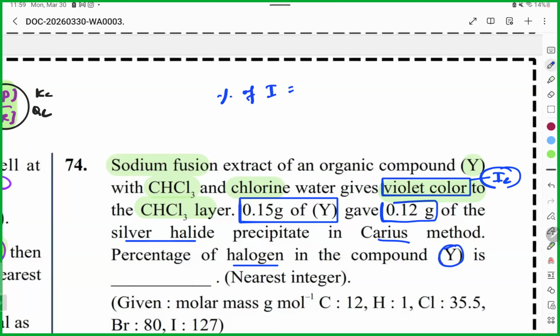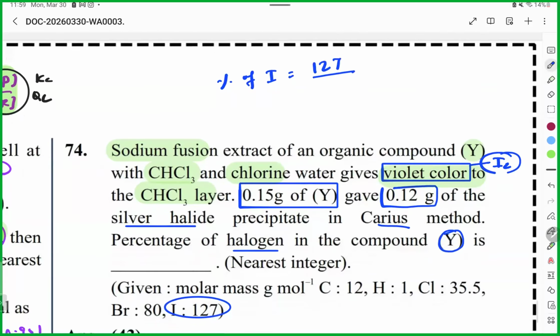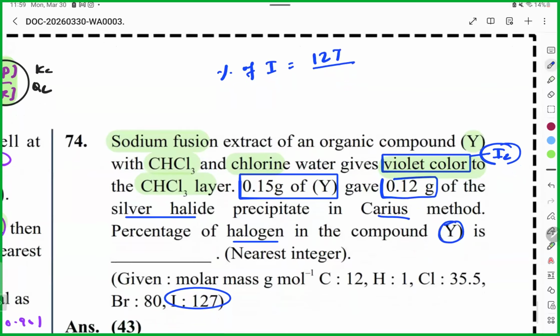Iodine mass given, 127. Correct. By total mass of AgI, Ag mass is not given.